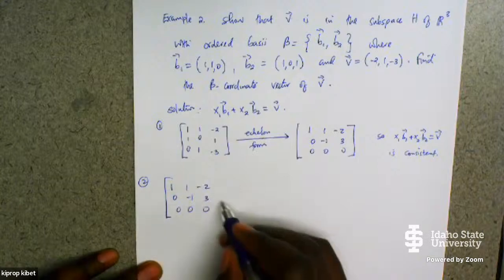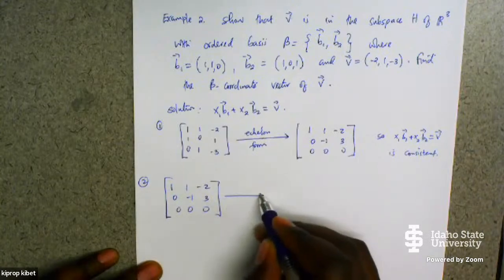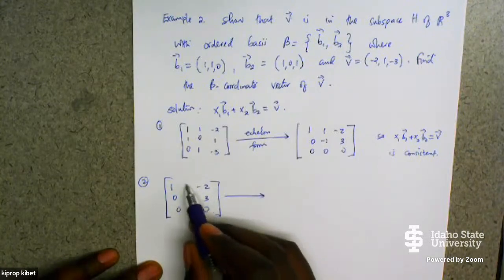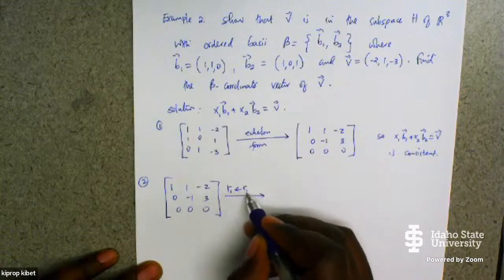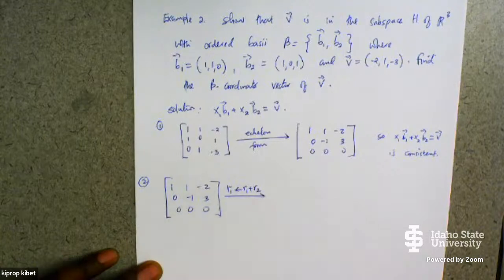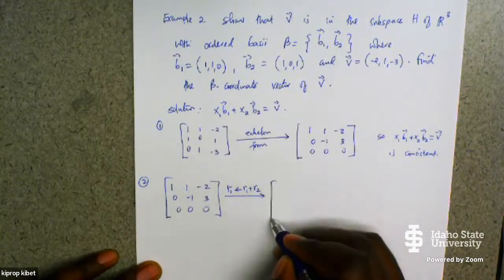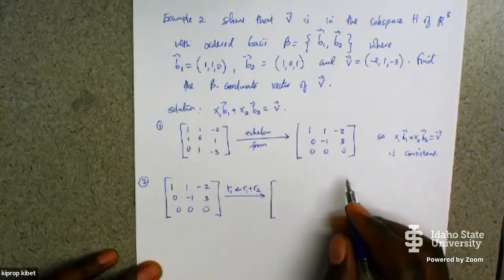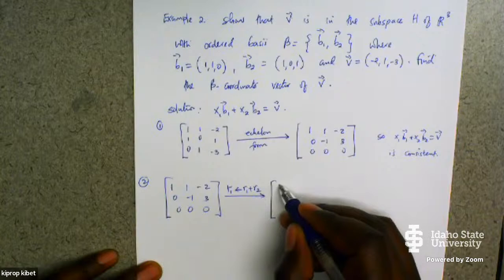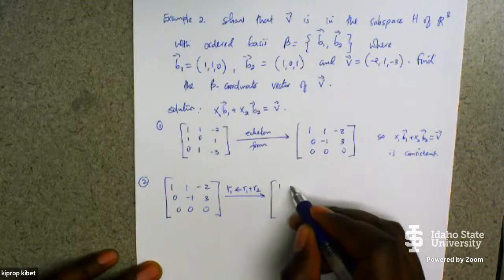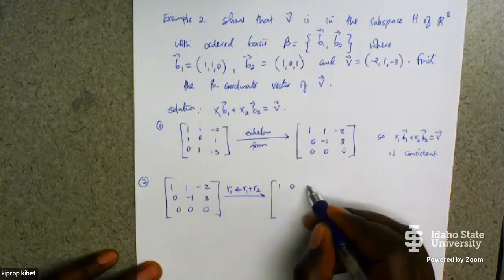To reduce this completely, we make this 0 by R1 plus R2, and we get 1, 0, 1.